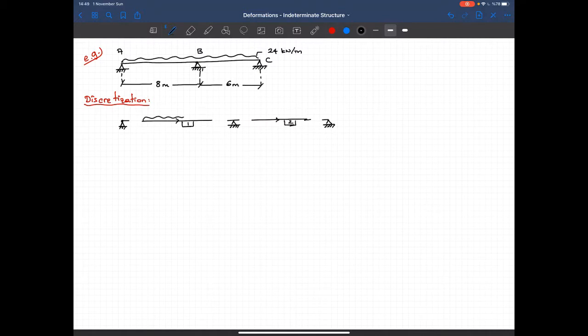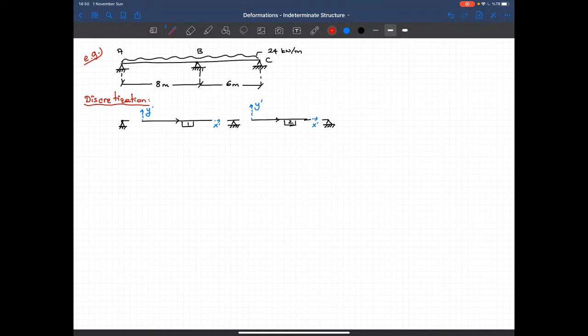Let's not show the loading here. Okay, so let's show the local coordinate system of the first member. That's x prime, that's y prime, and this is for the second one, that's x prime, that's y prime.